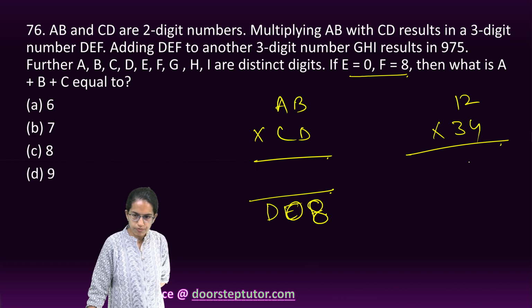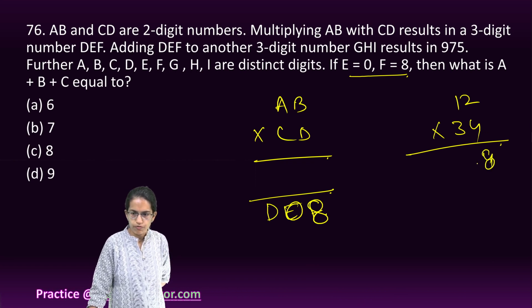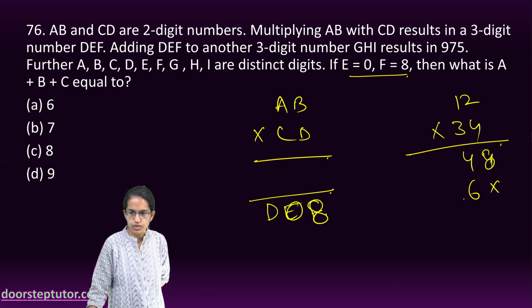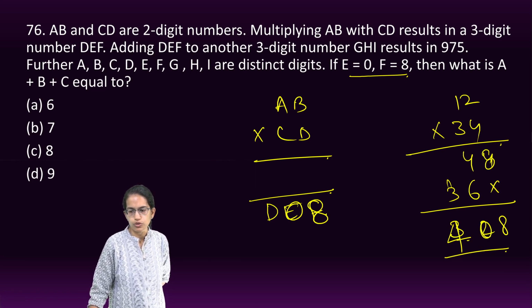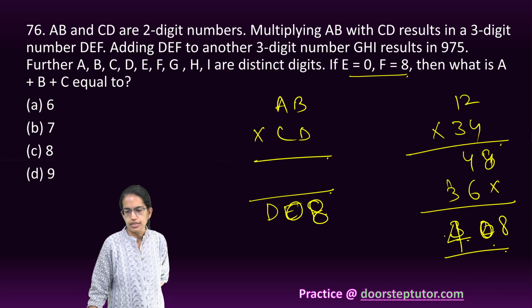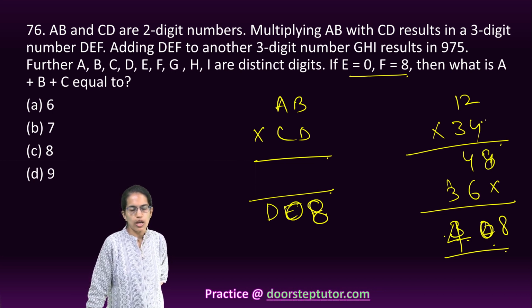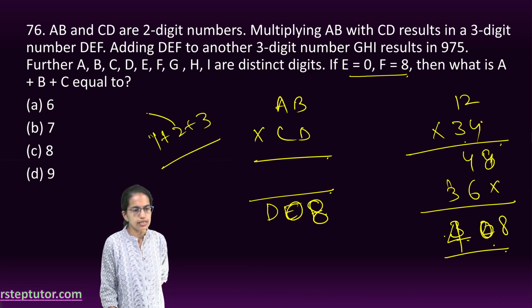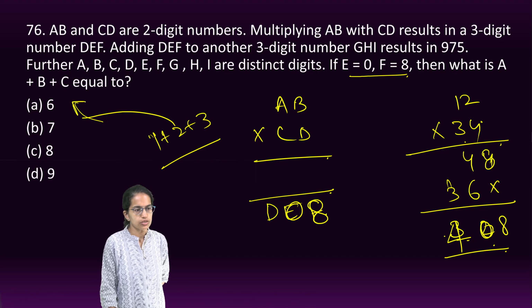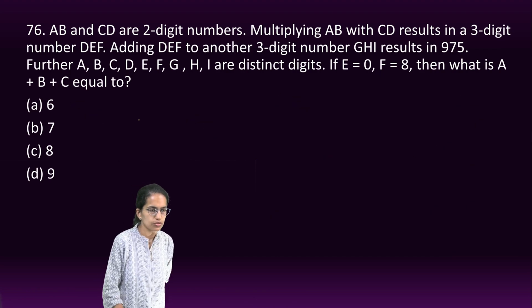That would give me 408, which would be the answer, and this 4 and this 4 are the same. So A, B and C would be equal to 1 plus 2 plus 3, that is 6. So 6 would be the right answer for this question.